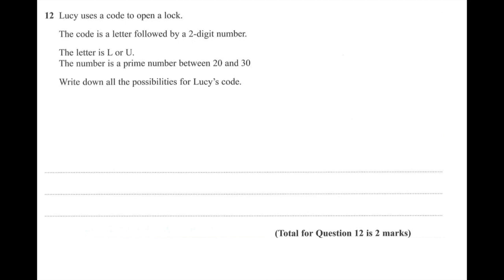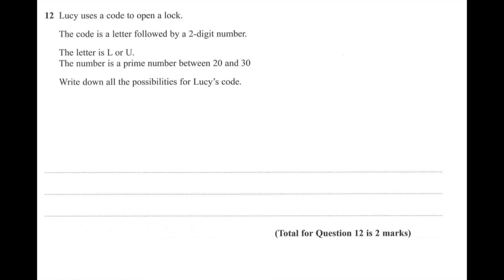Question 12. Lucy uses a code to open a lock. The code is a letter followed by a 2-digit number. The letter is L or U. The number is a prime number between 20 and 30. Write down all the possibilities for Lucy's code. So the first thing I'm going to do is list the prime numbers between 20 and 30.